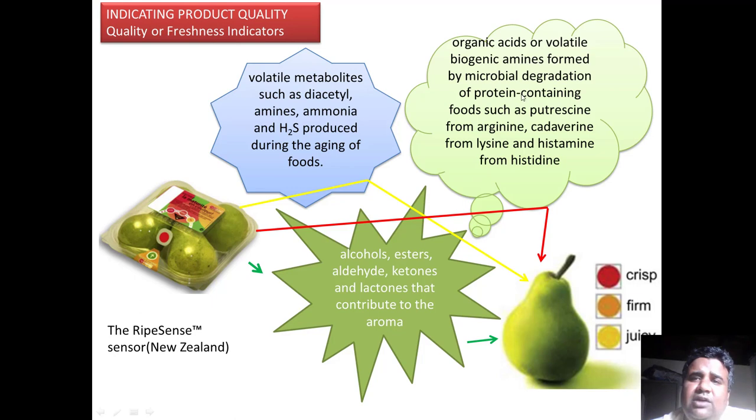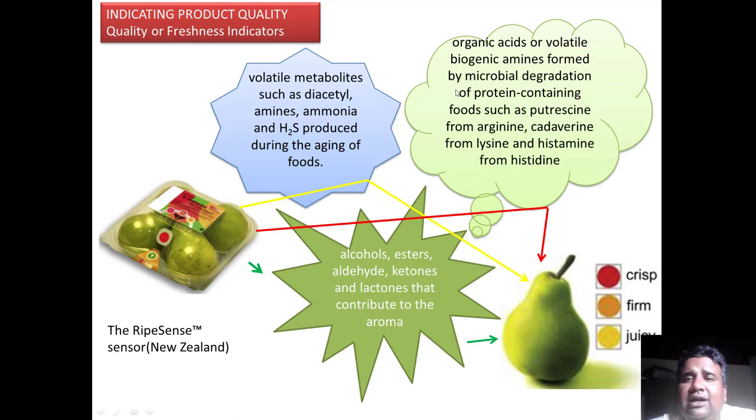They basically work on two mechanisms. Either they detect the volatile metabolites such as diacetyl amines, ammonia, and H2S produced during the aging of the food. Either they will sense these compounds and show a change in color, and that change in color will be irreversible, and based on the change of the colors the consumer will decide whether this fruit or vegetable is acceptable or not.